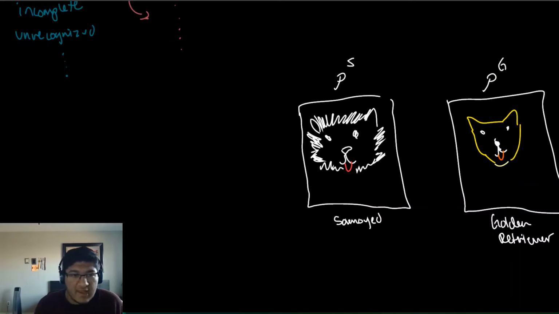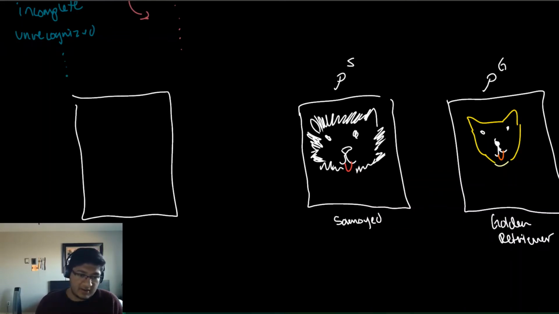So now let's say this new dog is coming into this system. We don't know what breed it is. We know it's either a Samoyed or a golden retriever or some type of mix, but we want to characterize it as either one or the other. Let's say this is our noisy image, unrecognized.